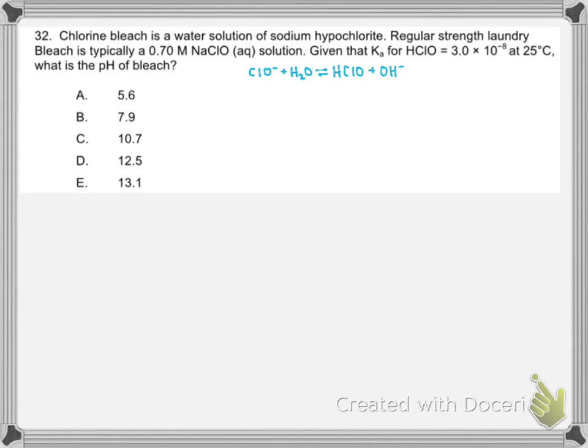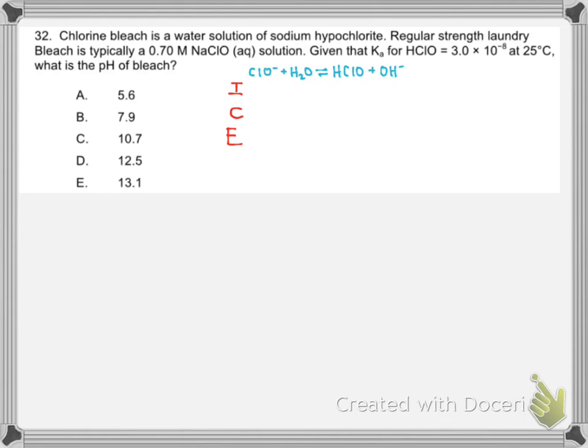So we have the reaction here: hypochlorite plus water yields HClO and OH-. And when in doubt, ice it out.